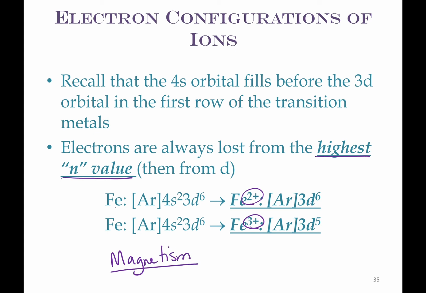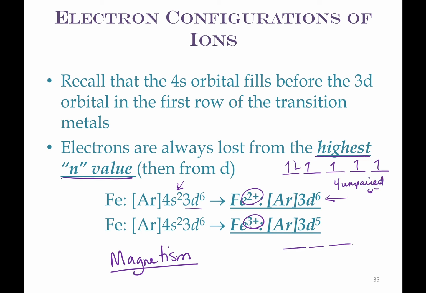Okay, so when I go to take those electrons from iron, instead of taking them from 3d, I'm actually going to take them from the 4s first. So here I have iron 2+, and we don't have any 4s electrons, and I have 3d6. 1, 2, 3, 4, 5, 6. So iron 2+ would have 4 unpaired electrons.